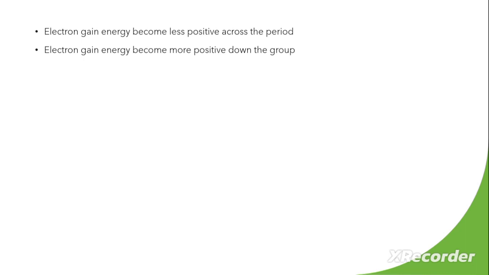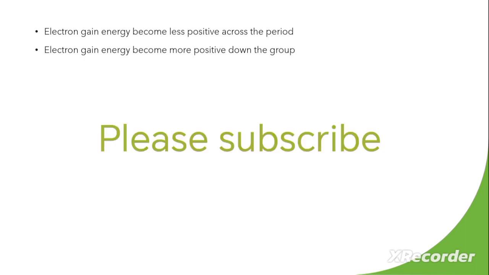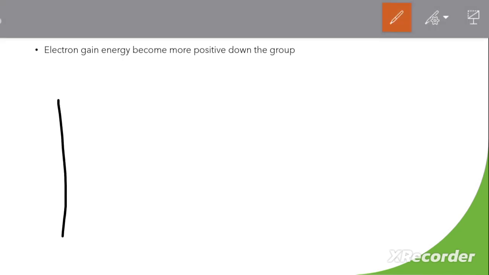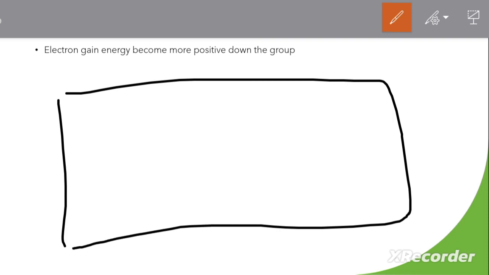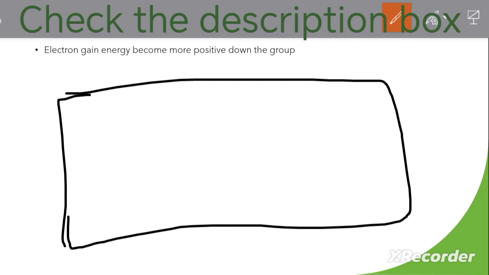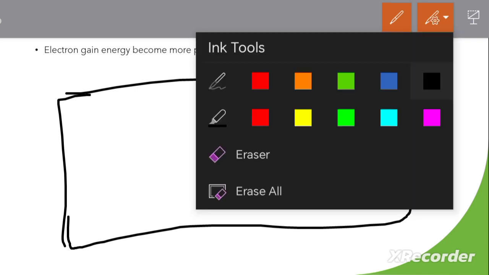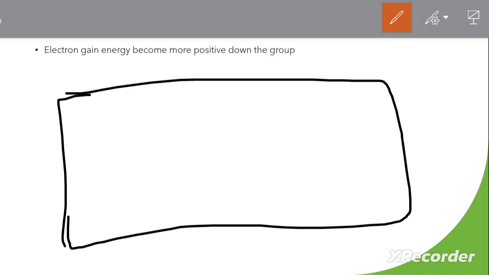Now we will see the periodic trend regarding electron gain enthalpy. Here I am going to sketch a periodic table like this. So far we have discussed three factors affecting electron gain energy, so I am going to teach you the trend using the atomic radius.